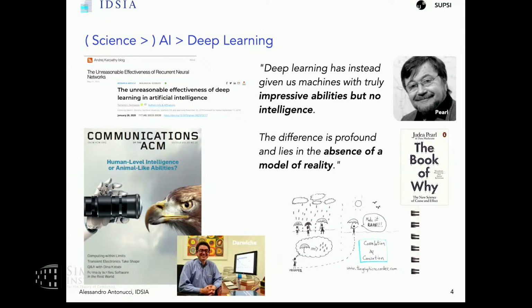This is amazing, no discussion, but a point of Darwiche and Pearl and other people is that we are looking for intelligent systems. What deep learning is doing is mostly elaborating a system for sensing. We are very good at computer vision, we have very good speech recognition. What was not obvious, but we are realizing, is that we also have very good language models.